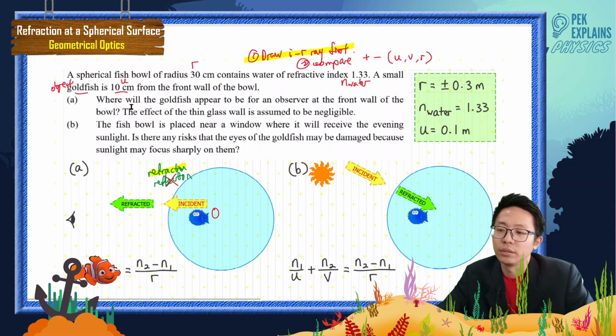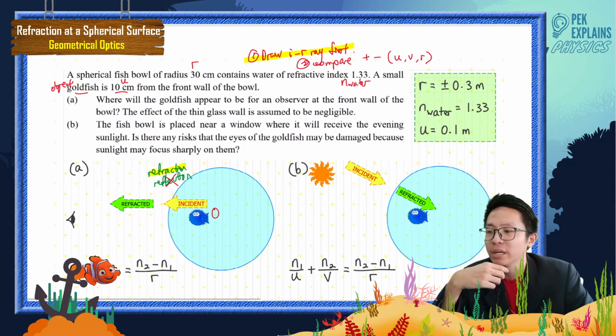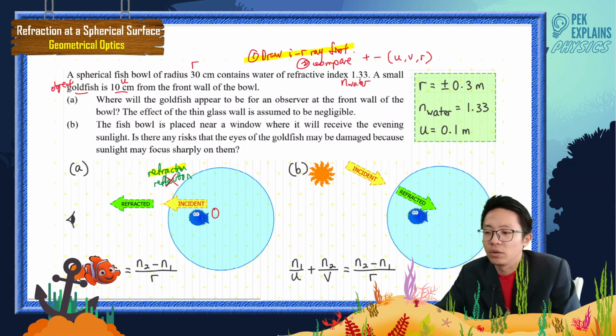Okay. So where will the goldfish appear to the observer? We want to find where the goldfish will appear. What is meant by goldfish appear? Goldfish appear means what the observer sees. What does the observer see? You see the image. The observer always sees the image. So goldfish appear means the image. Understand?